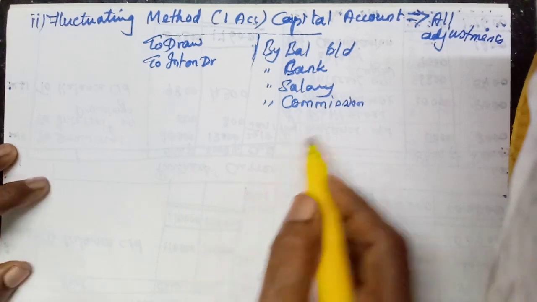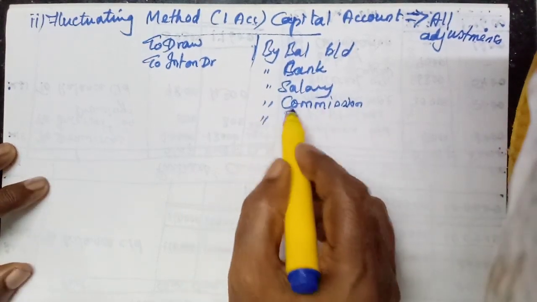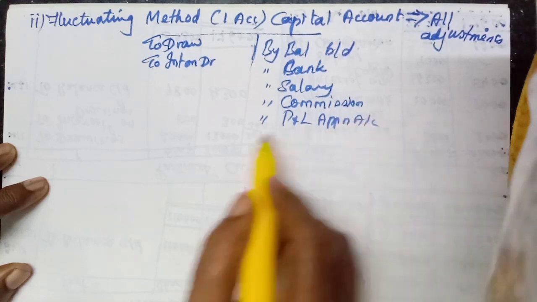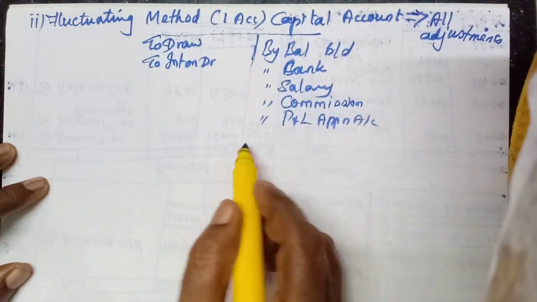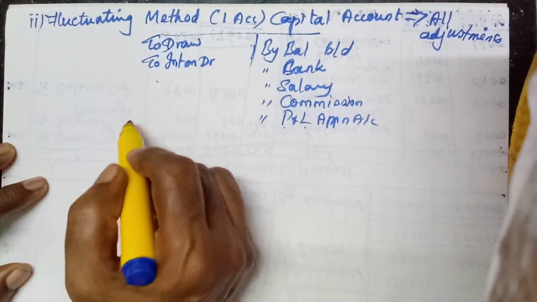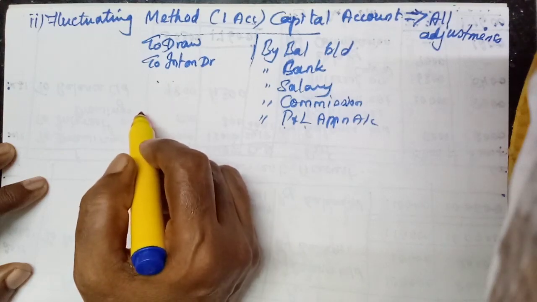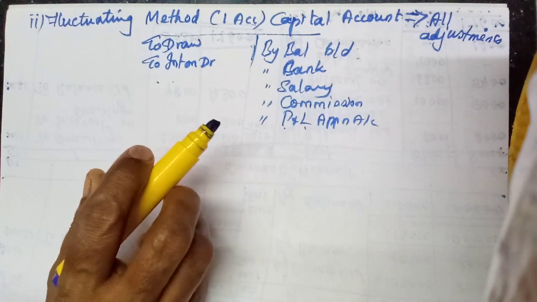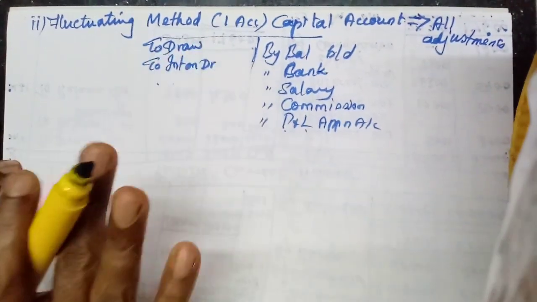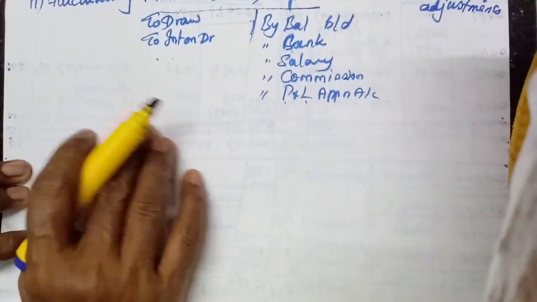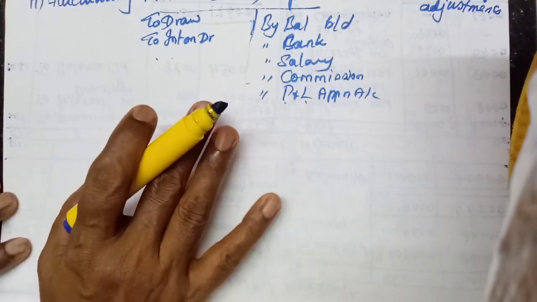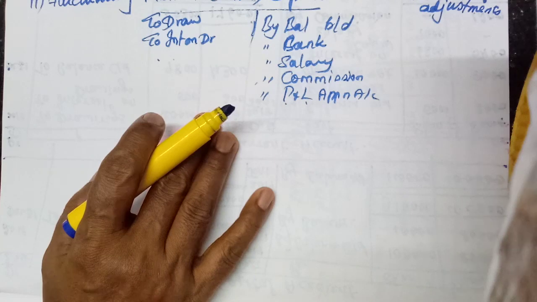Then profit and loss appropriation account. If there is loss, to profit and loss appropriation account. Only one account is maintained. So since you have studied two accounts, you have to write everything in one account. That is the difference.